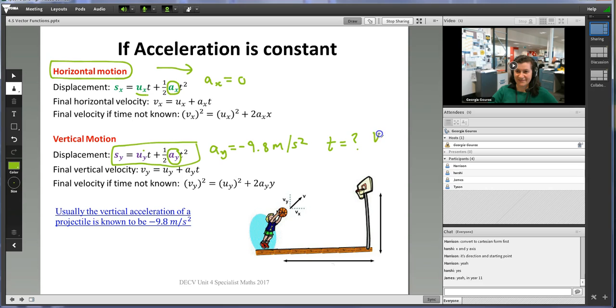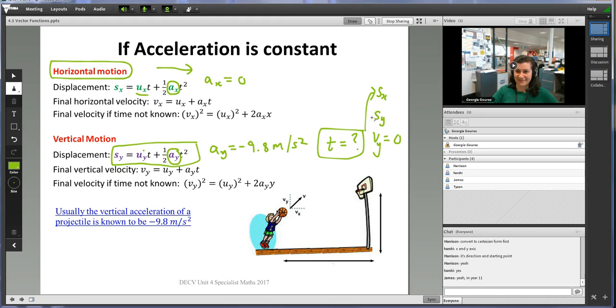The velocity will be equal to 0. Velocity y is going to be equal to 0 at some point in time. At that point in time, we can also determine the horizontal displacement and the vertical displacement of that object by substituting it into that time equation.